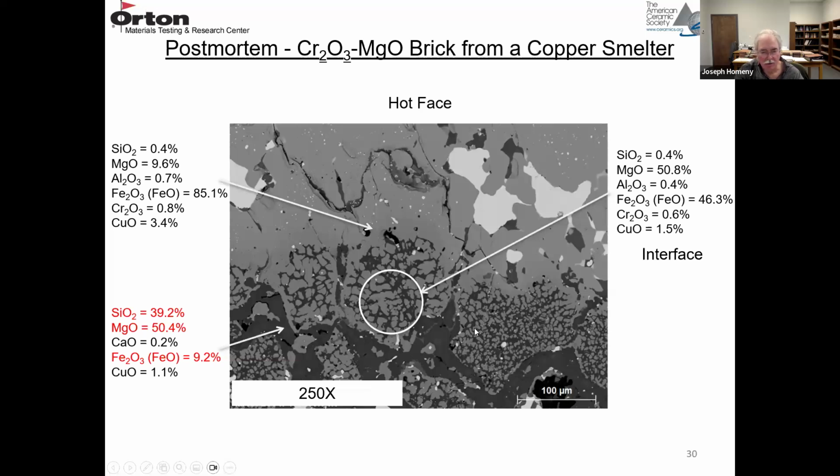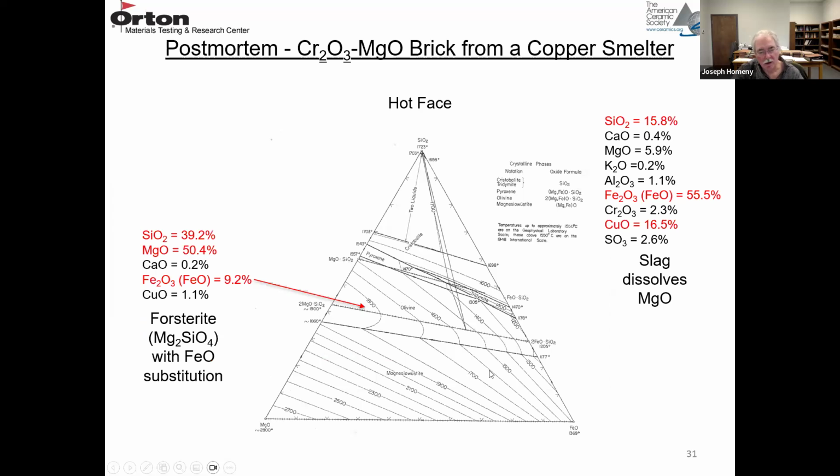So that's what's happening at the interface, if you try to place this on a phase diagram of MgO, SiO2, and FeO. We looked at this diagram before when we talked about materials like olivine. 2-MgO SiO2 is forsterite, and 2-FeO SiO2 is fayalite. So fayalite's the low temperature form, forsterite's the high temperature form.